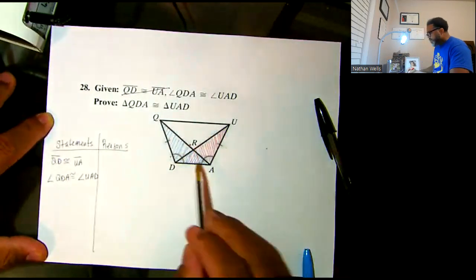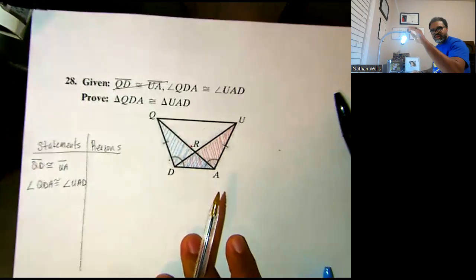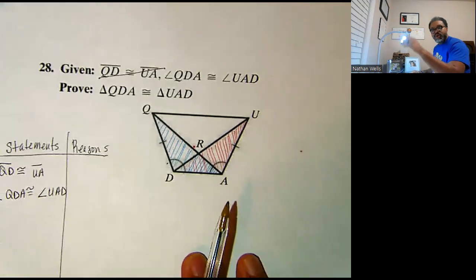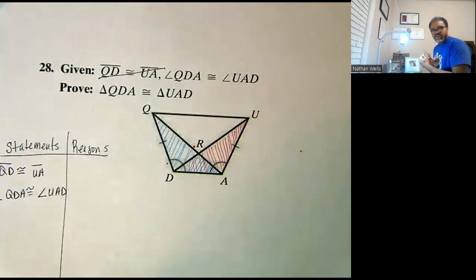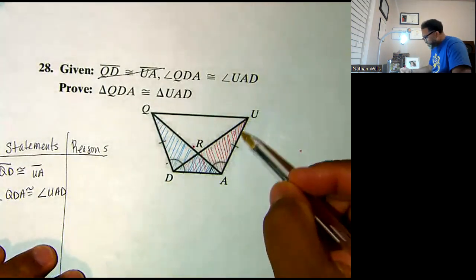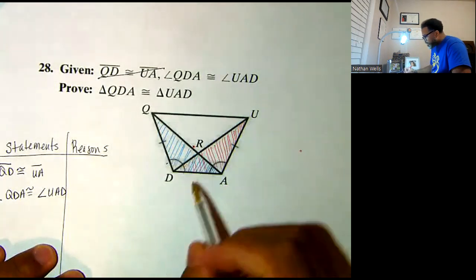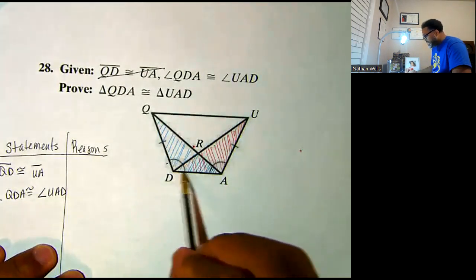That's this one. And what we see is what's double shaded is a part of both triangles. So we have a side and we have an angle. What we need is this part.